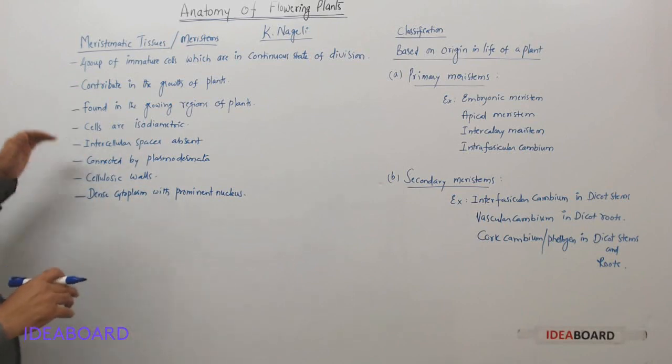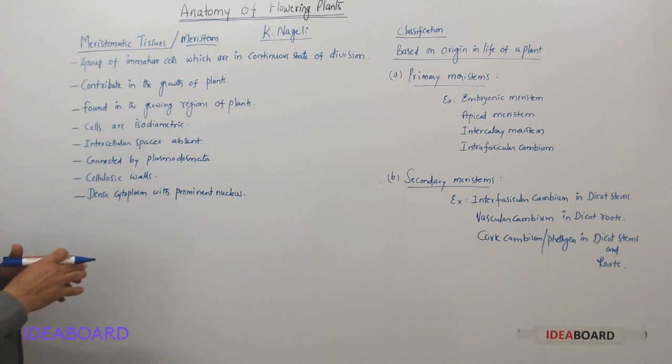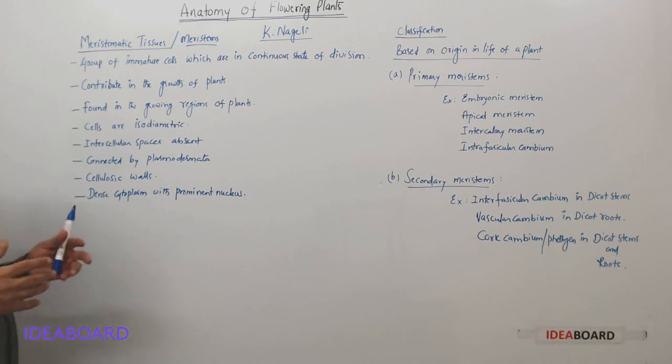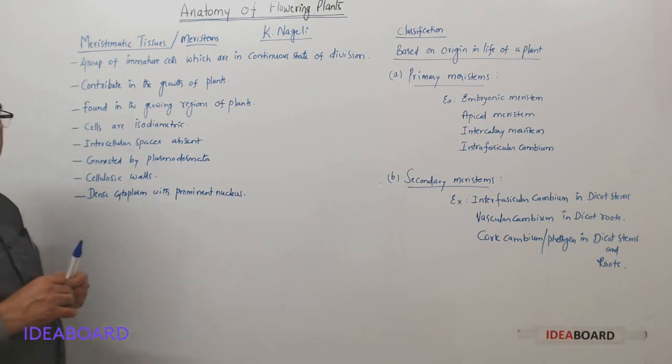These meristematic tissues are a group of immature cells which are in continuous state of division, the cells that divide continuously throughout the life of the plant and help in the growth of the plant.